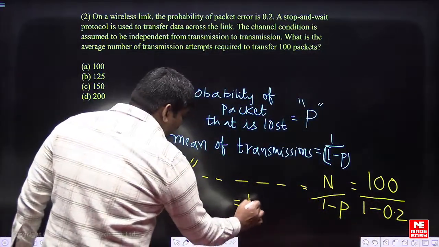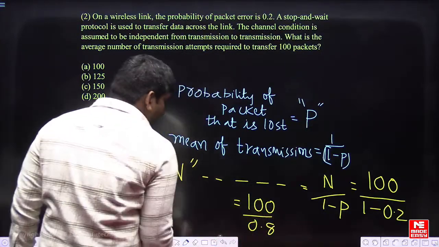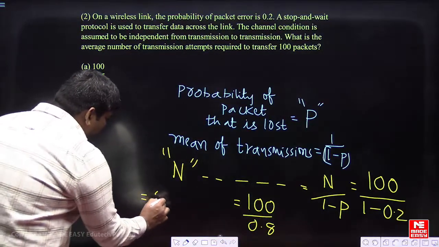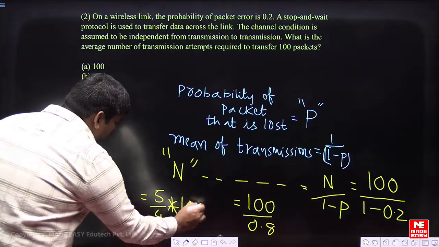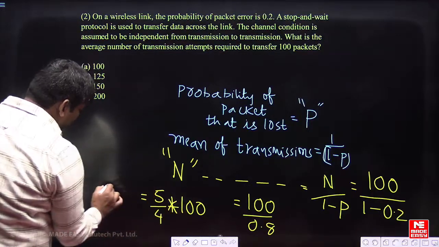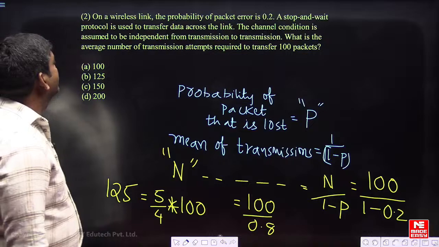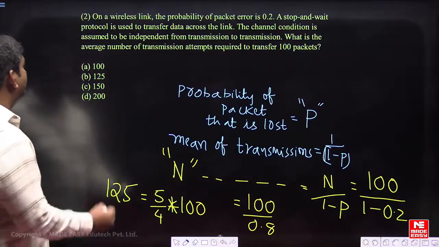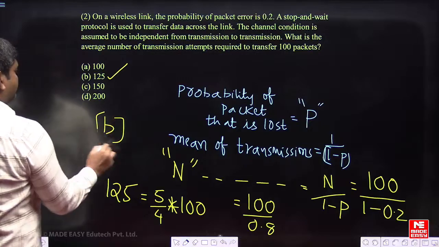If I do the calculation, this value will be 100 by 0.8, or that is 5 by 4 into 100. So 5 into 25, this value is 125. From the given options it is available here. So B is the answer.